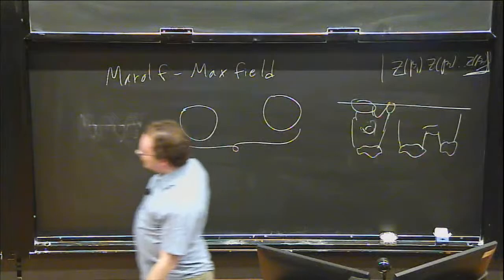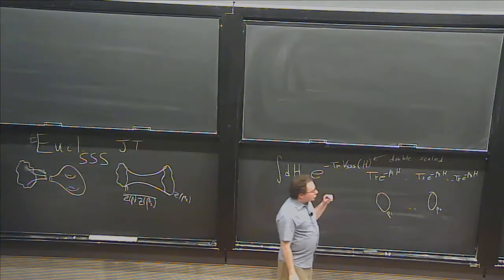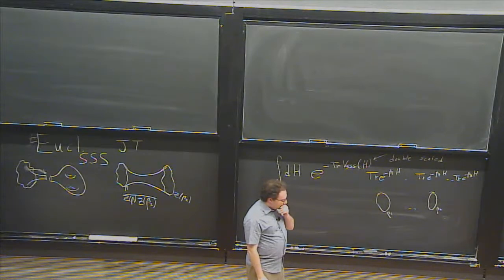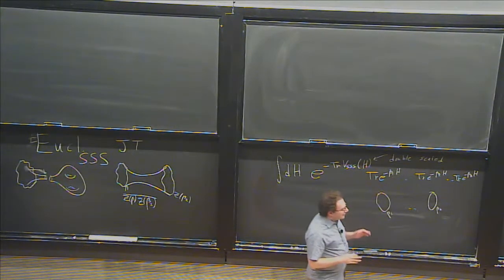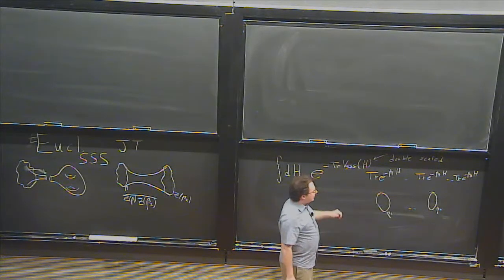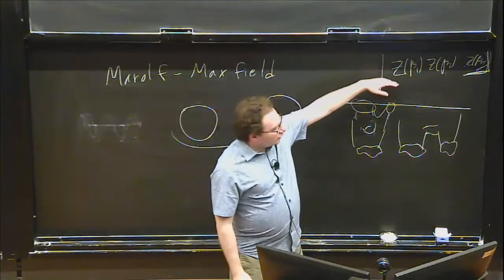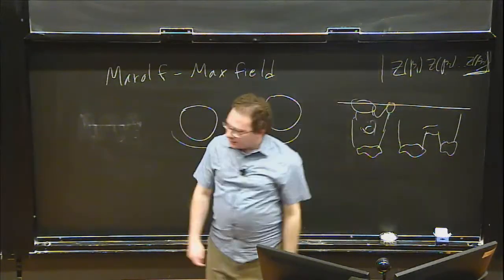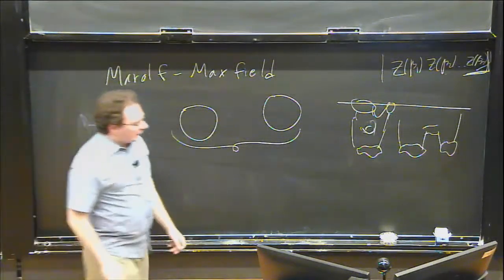If we go back to this formula, this is going to sound slightly circular, but the idea would be that we can also act on these states with a computation like this and think about it as an operator.